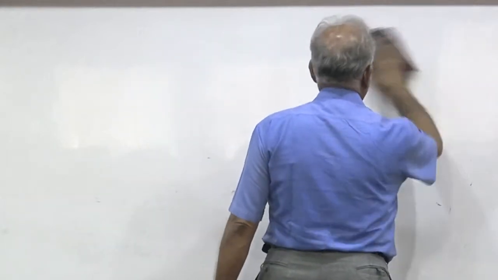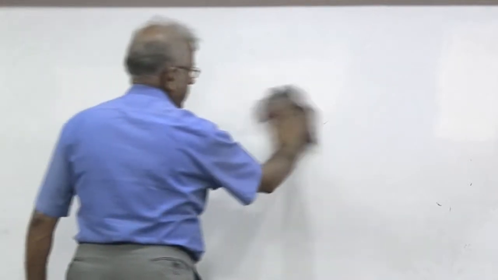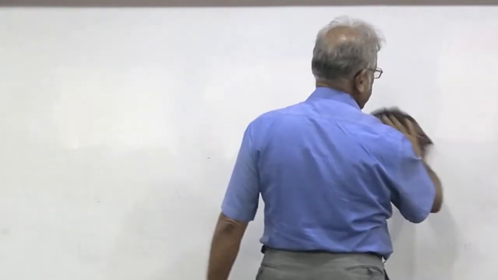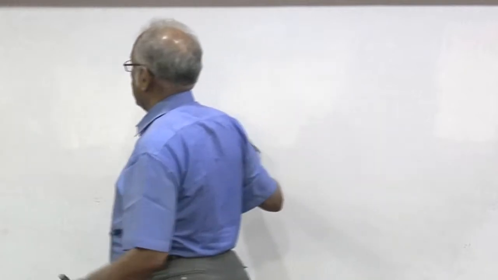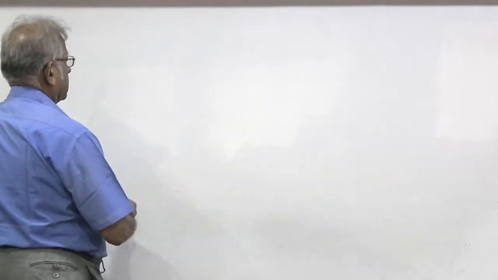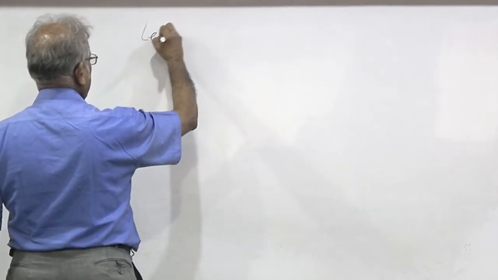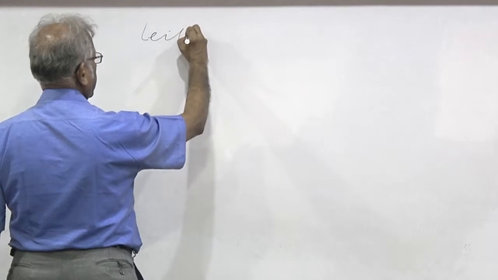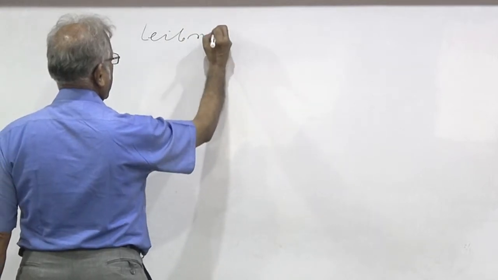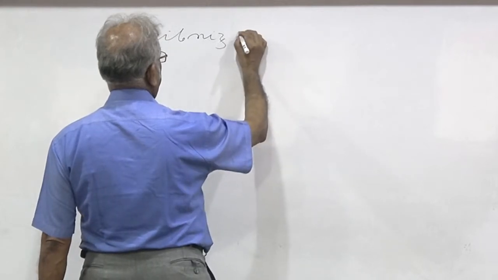Now we will see how to apply Leibniz theorem, and this is one theorem we have discussed earlier, but I will put it up on the board once again and make few remarks. So we are going to take a relook into Leibniz theorem.